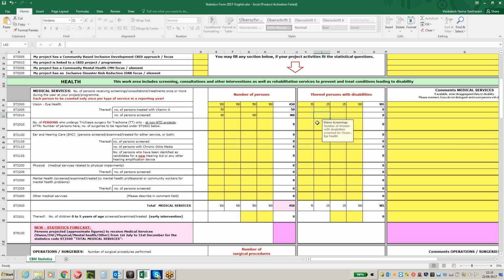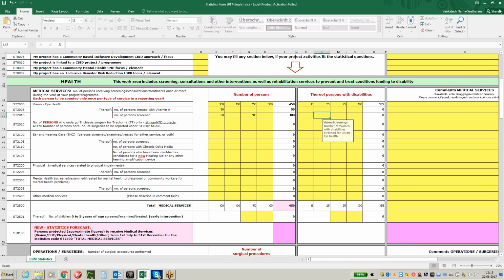I'll just put a stupid question now, just to make it clear. You see here, 80 men and 100 boys who are screened. You have put it here, but the project fills in this.